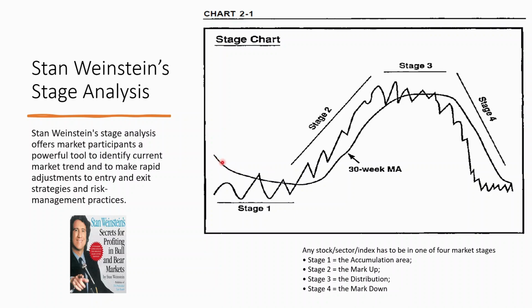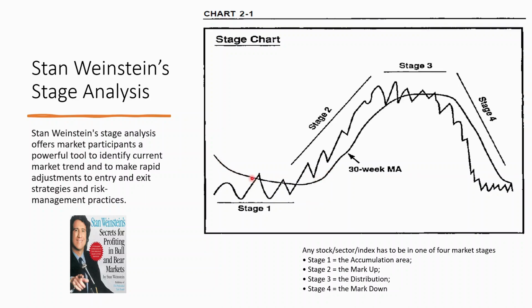We can see that the 30 weekly moving average is sloping down. That means that price is coming from a corrective period. After some time of correction, it forms a stage 1 accumulation area, and then eventually price starts moving up, and eventually it crosses over the 30 weekly moving average.